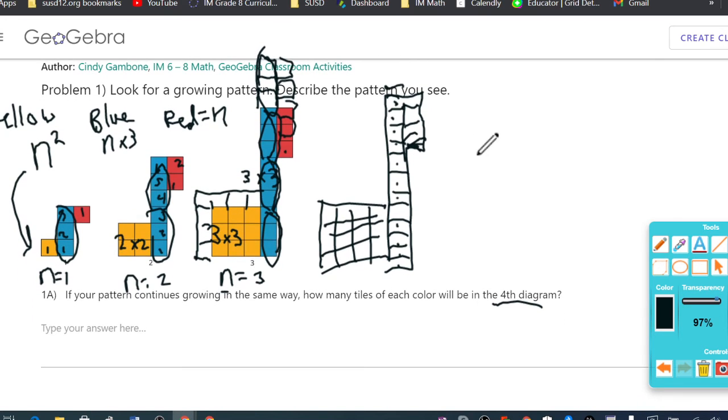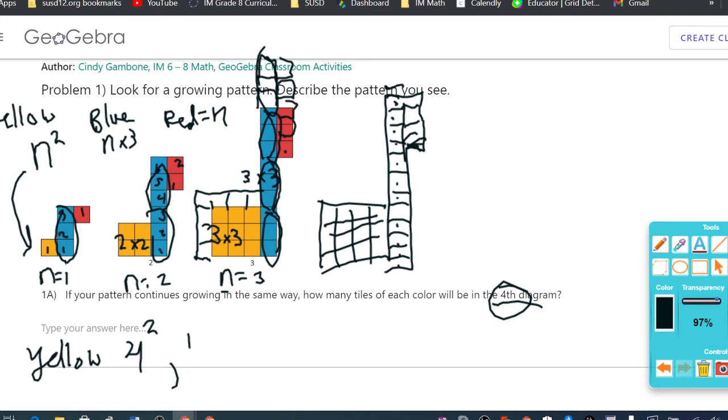So how many tiles of each color? Well, the red is going to have 4 by 4. So red is 4 by 4. That's 4 squared. Oh, I'm sorry. I said red, but I meant yellow. These are going to be the yellow ones. So how many yellows? They are going to be 4 squared because n equals 4.